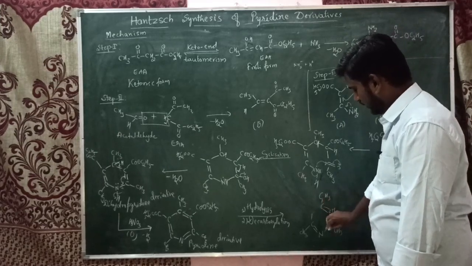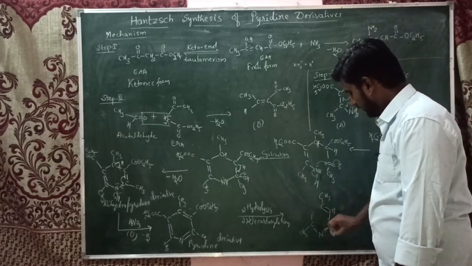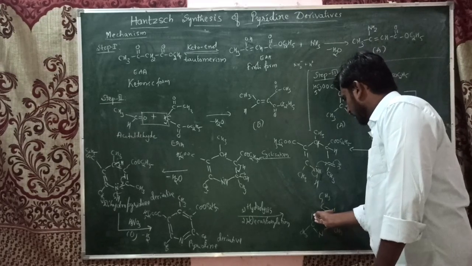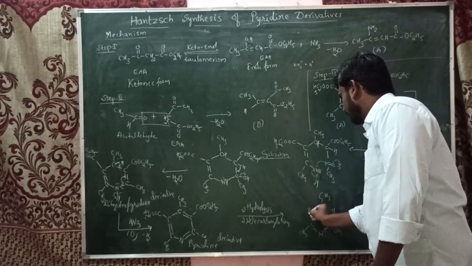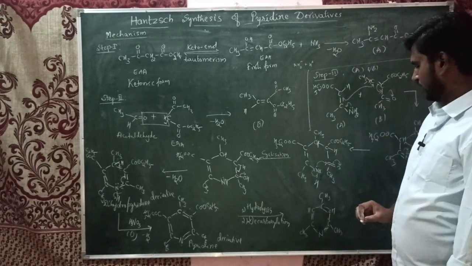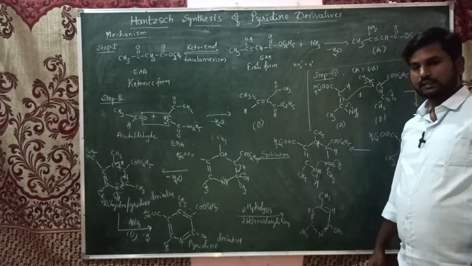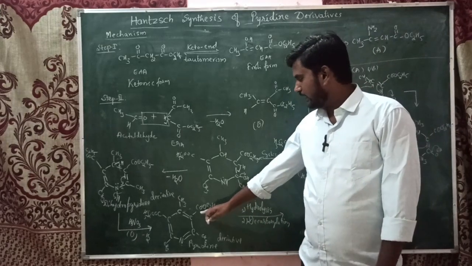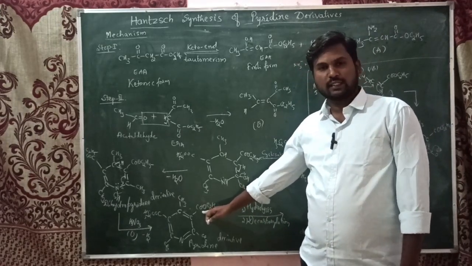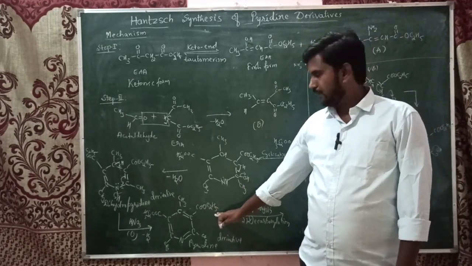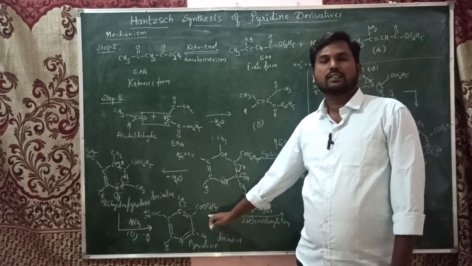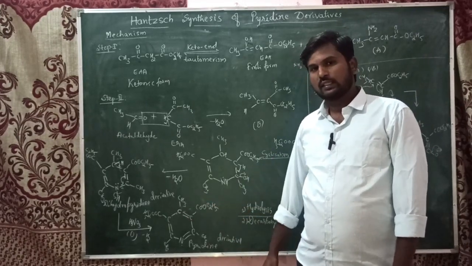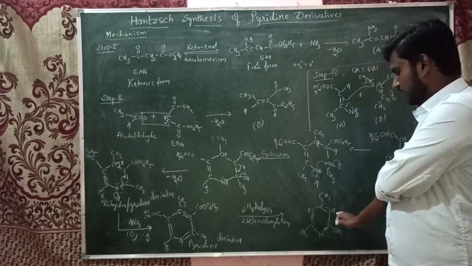Both are the same, giving the same product. You know, in the hydrolysis, these esters will be eliminated as carboxylic acid and alcohol. And in the decarboxylation, there is a removal of the CO2. Only hydrogen is retained. That hydrogen I have written on this board.